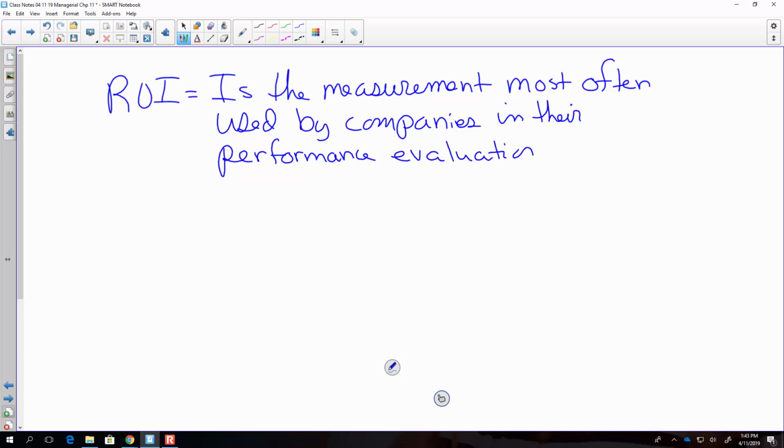So know that, please. ROI is the most common measurement of performance evaluation. And I want to look at competing projects.